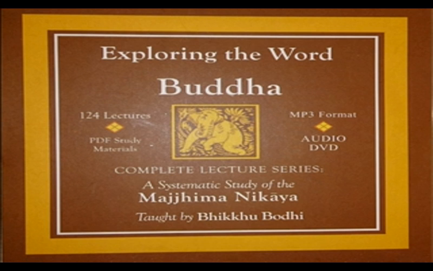Then it says asavas, that's the taints or influxes. Then something translated here, vexation. The Pali expression vigata can be translated disturbances or distress. And parilaha means a burning, a fever, an inward burning.